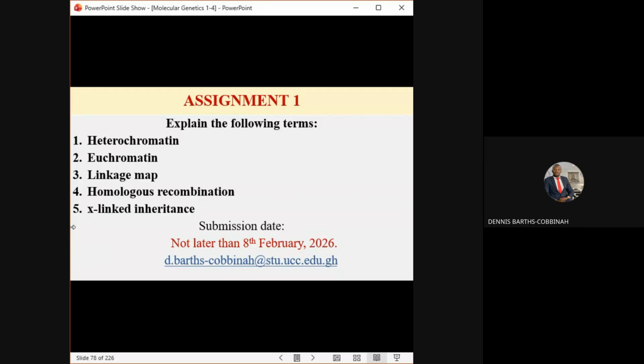Now, you also go to the hospital for them to determine the genotype of your sickling status. If you are AA, it means you are normal. You are not even a carrier. If your genotype is AS, it means you are a carrier of the sickling condition, but you are not expressing it, or you will not express it, because you have the dominant allele masking the expression of the S, which is the recessive allele.